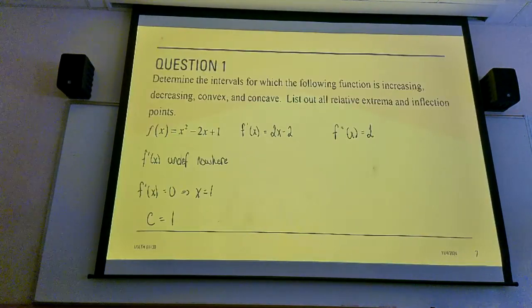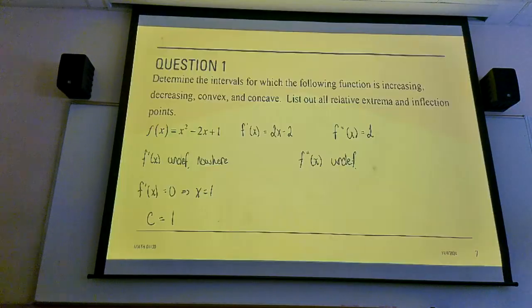Now let's do the exact same game with f double prime. Is there anywhere that f double prime of x is undefined?